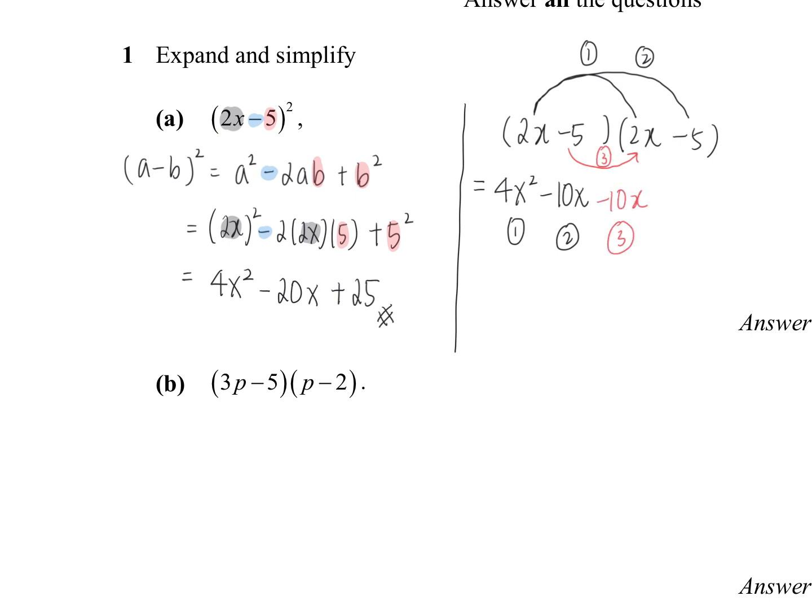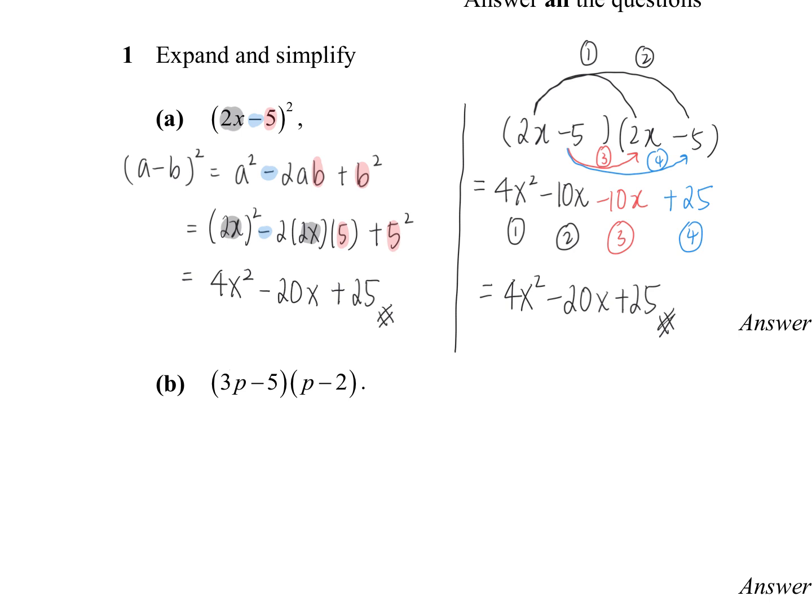And then the very last expansion, minus 5 times minus 5 is plus 25. So if you use this, you are also right. So the final answer should be the same for both methods. Okay? So it depends on which one you like. So either the formula or the expansion using the rainbow method.